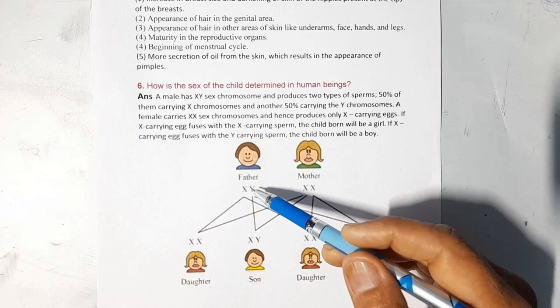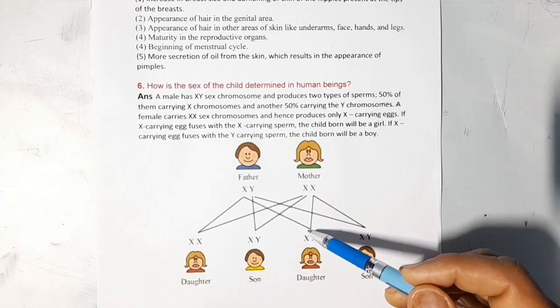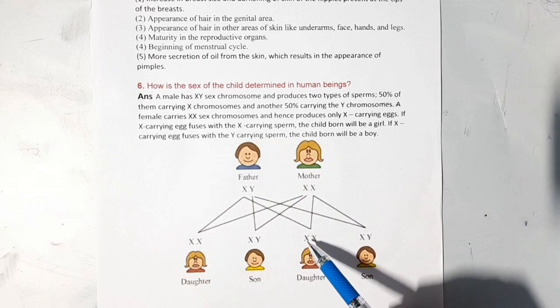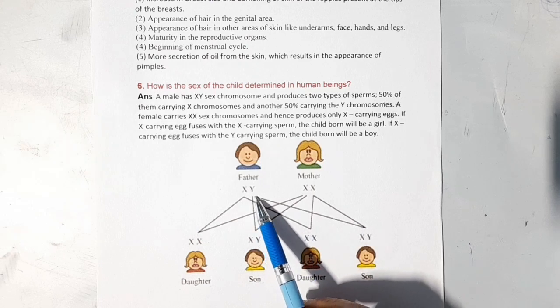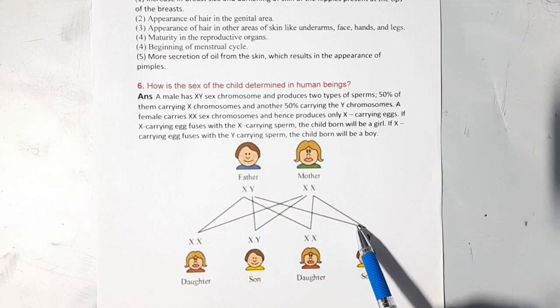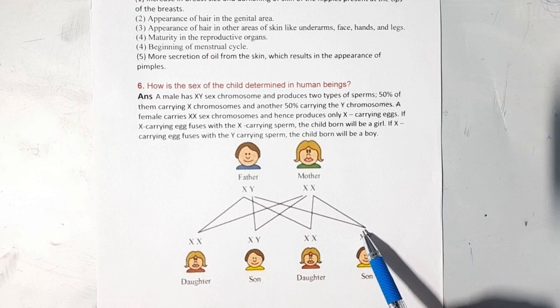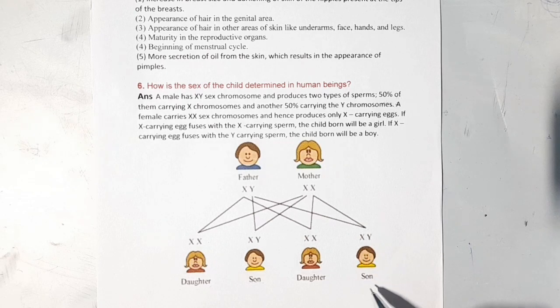Similarly, when the X chromosome of father and the X chromosome of mother interact with each other, the result will be XX and it will be a daughter. And if the Y chromosome of father and the X chromosome of mother meet with each other, then the result will be XY and it will be a son.